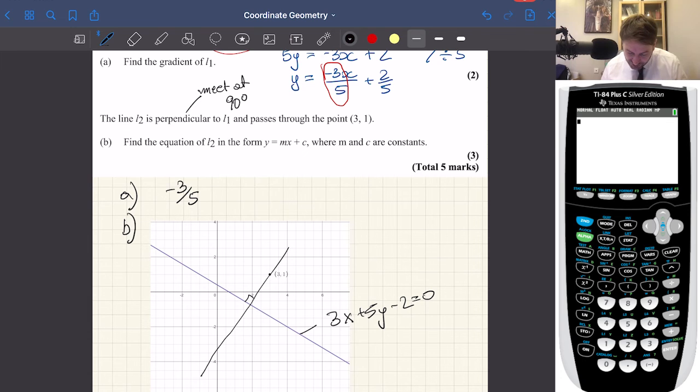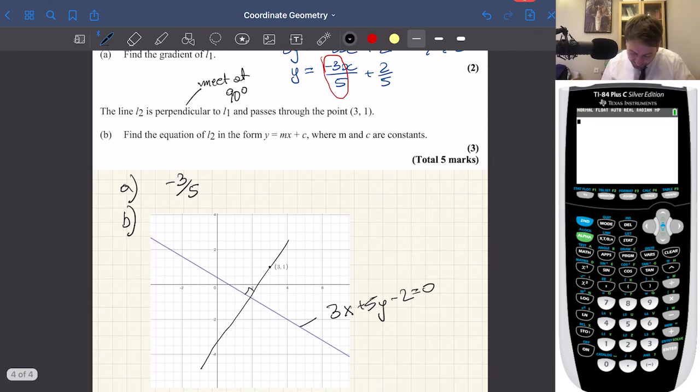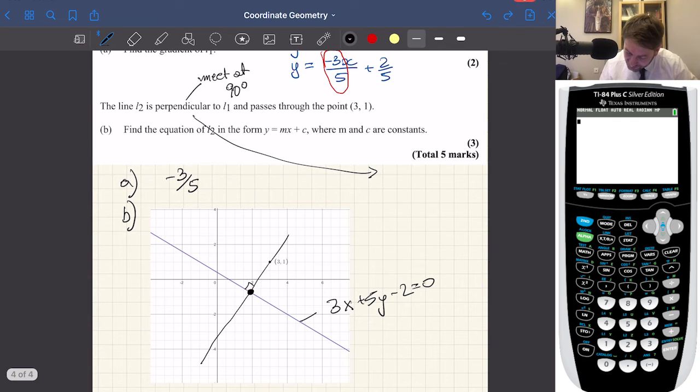There is a special relationship between perpendicular lines, and this is something you have to remember. Unfortunately, in math, there will be things that you need to remember. For perpendicular lines, the gradient of the first line times the gradient of the second line is always equal to minus 1.